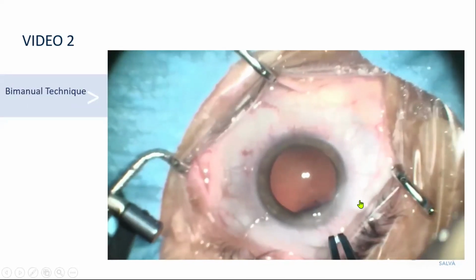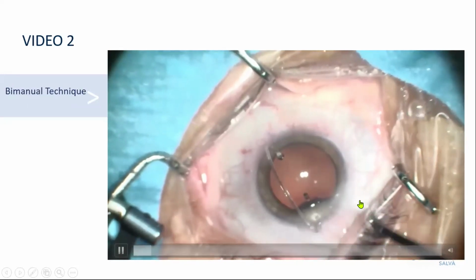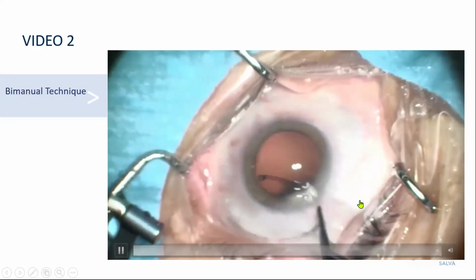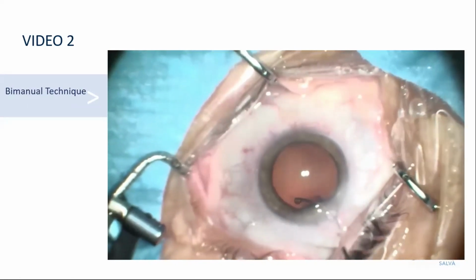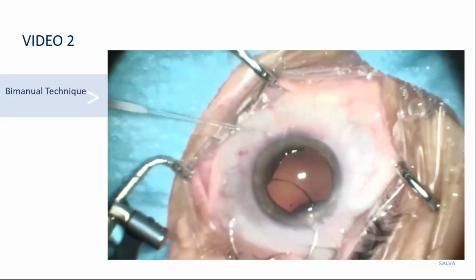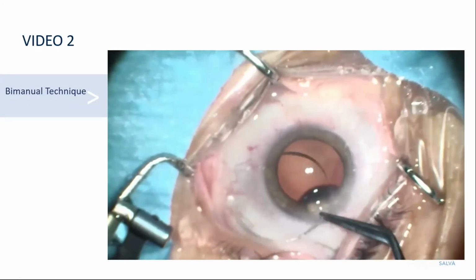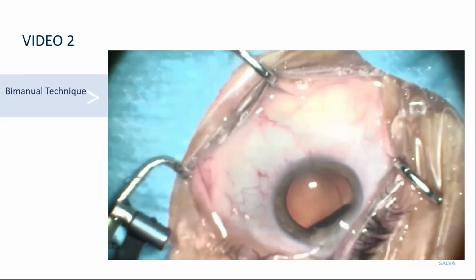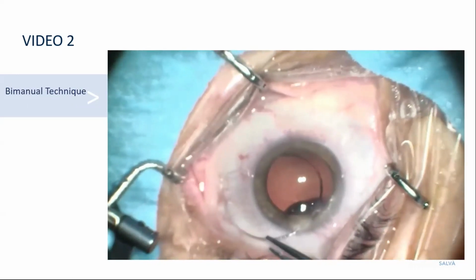Then I sometimes do a bimanual technique if I find a difficulty during the implantation. And you see here, I'm implanting the ring, the patient is moving.